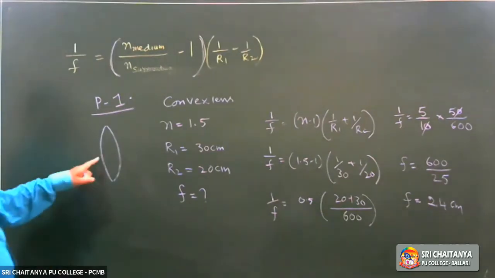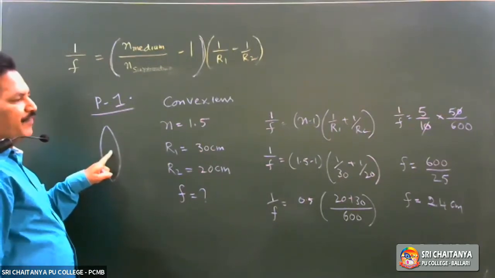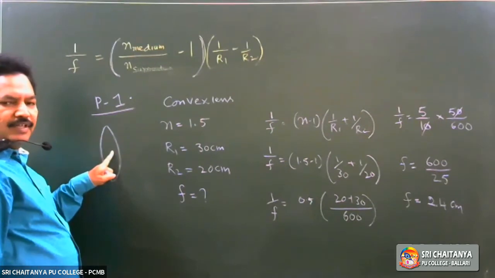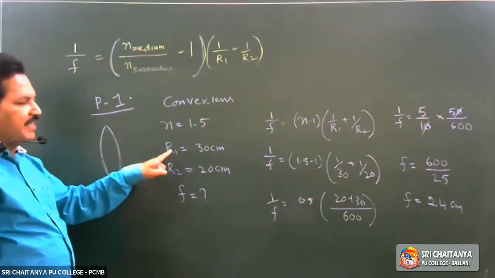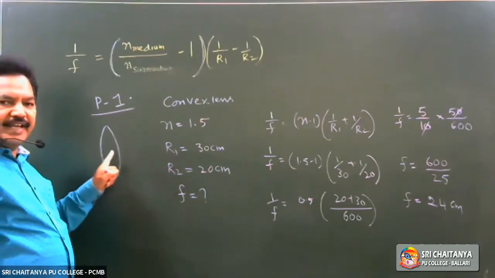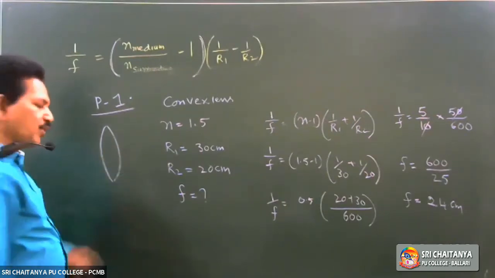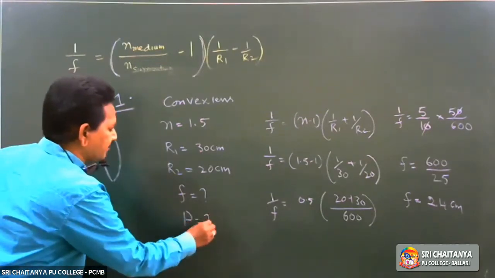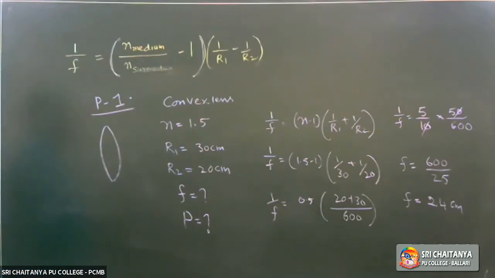Another problem on the lens maker formula. The nature of the lens is convex, refractive index of the material 1.5, radius of curvature of the first surface 30 centimeters, and of the second surface 20 centimeters. You are asked to calculate both the power of the lens and the focal length.